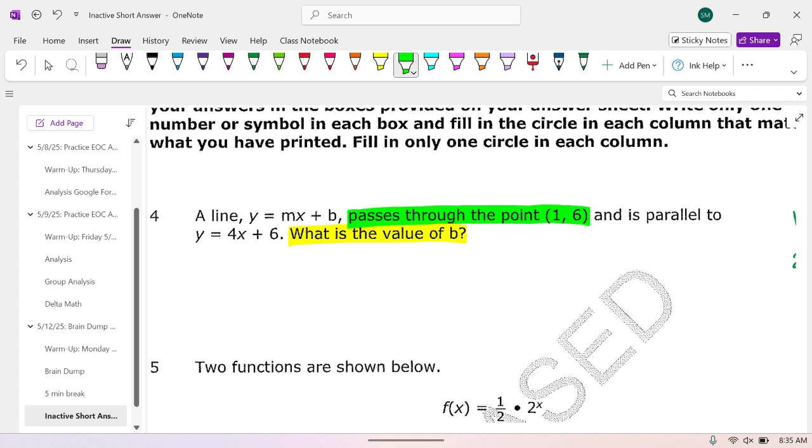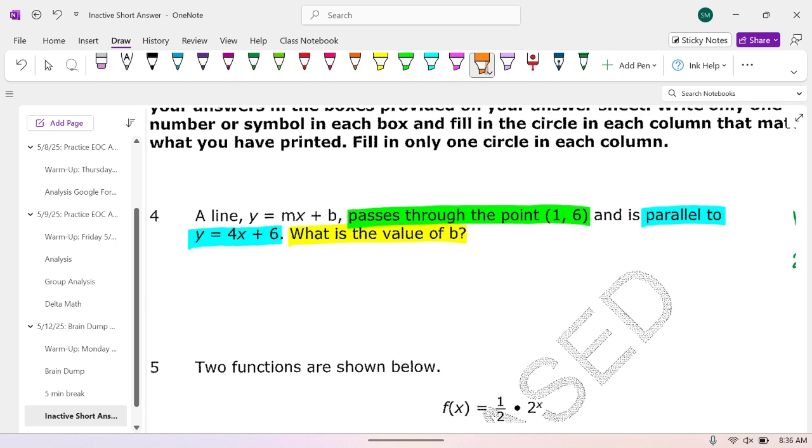Olivia, what's another piece of important information? Parallel to y equals 4x plus 6.